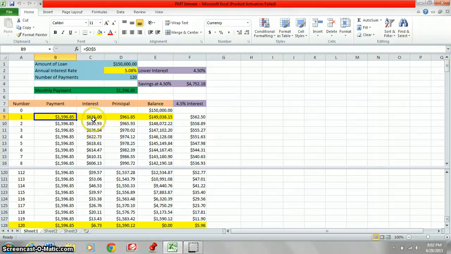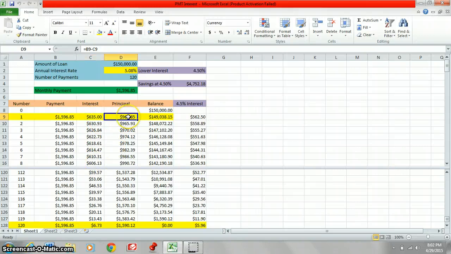The interest rate, so this is found by E8, and that's your $150,000 loan times D2, which is your interest rate, and divided by 12, which is how many months in the year. And so that's how we get that, and we do that formula again for all these 120 payments.